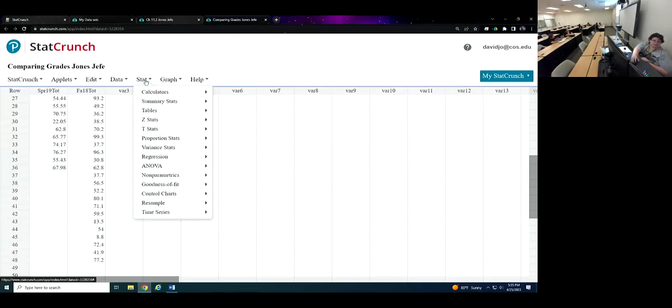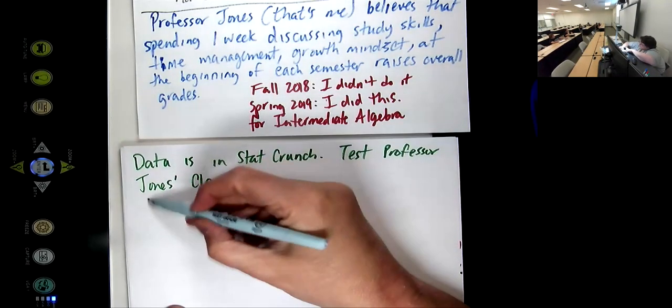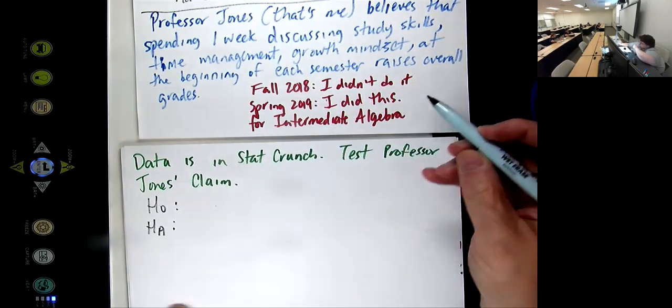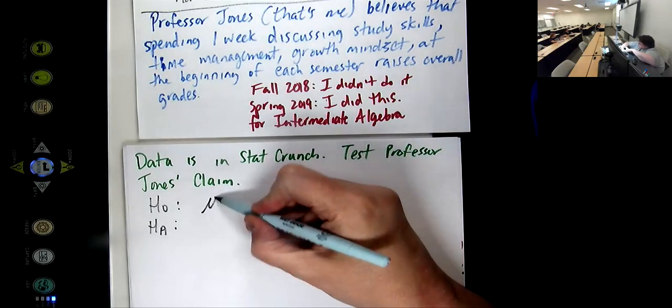So I'm going to do stats. Wow. We need to set up, figure out H0 first. I'm going too quick. So we need to come up with H0 and HA. H0 is always going to be the same.